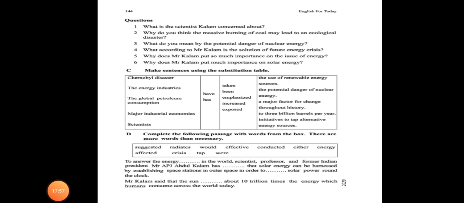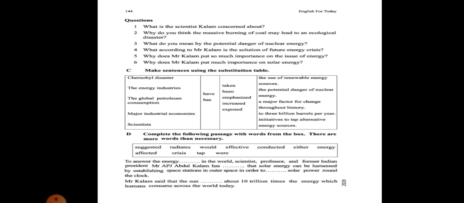I want to give you again what is the purpose of this author. The former Indian president, Mr. APJ Abdul Kalam, is concerned about mankind's future energy crisis. According to his comment, the era of wood and biomass will almost come to an end.